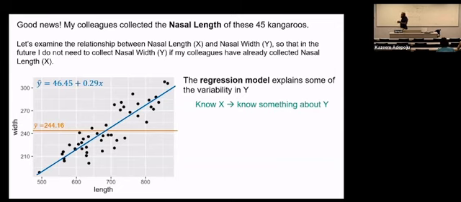Because we want to say, when you know something about X, can we say something about Y? I need you to pay attention to this. Now, you know X. I know NASA length. Can I say something about NASA weight? But let me tell you this: we cannot say everything about that, but we can say something. Okay?